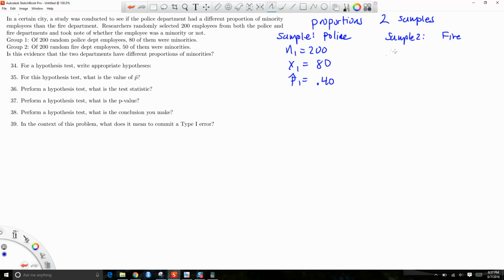For the fire department, 200 employees, 50 of them were minorities, so our P hat 2 is 50 divided by 200, 25%.